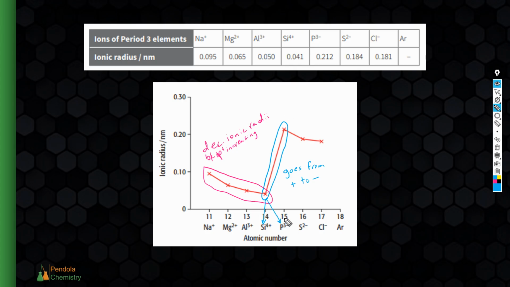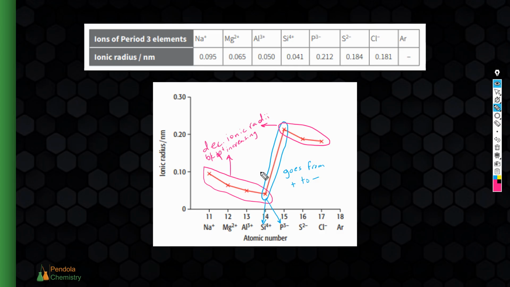So from silicon to phosphorus, or any time when you cross the metalloid ladder, we're going to have this large increase in the ionic radius. But then once we get to the other side, we start decreasing again. Why? Because of the same reason we had before: an increase in the number of protons, which increases the attraction for the nucleus.